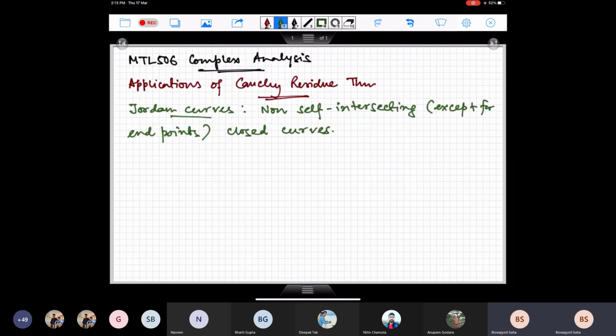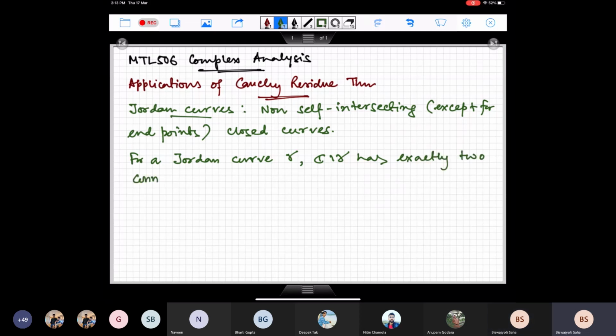For a Jordan curve gamma, C minus gamma has, and from the picture it should be clear, exactly two connected components. One which is bounded and one unbounded.